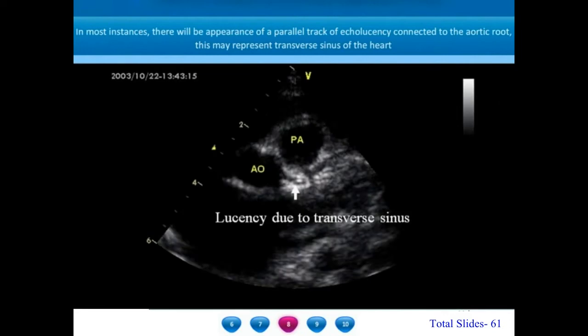In most cases, if you carefully look, there may be a small area of translucency arising almost from the aortic wall itself. We need to carefully differentiate it from a true left coronary artery origin from the aortic root. This lucency is due to the less echogenic transverse sinus of the heart, which is located just posterior to the aortic and pulmonary roots.